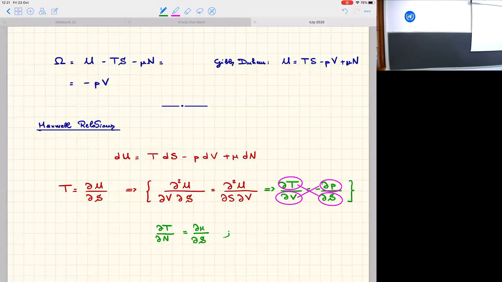And then minus dP/dN is equal to what? d mu/dV. That's it. You see, everything is easy.